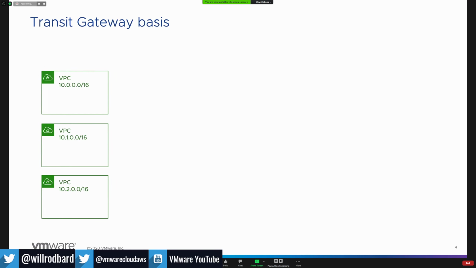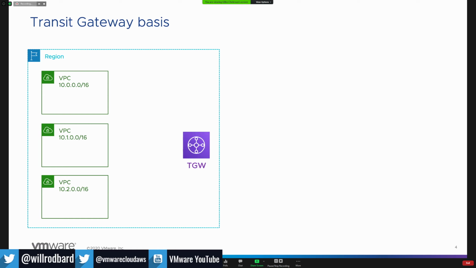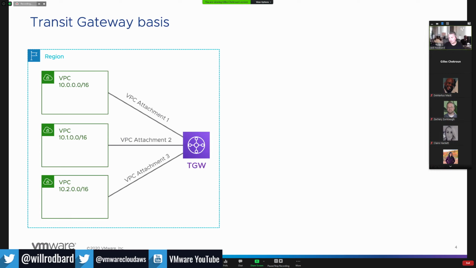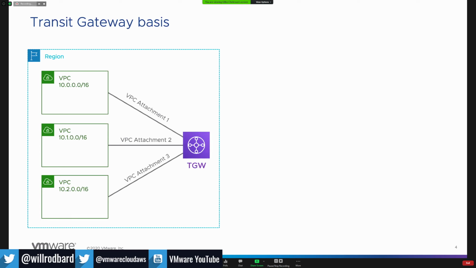First of all, transit gateway basics, okay? Transit gateway is a region construct that connects multiple VPCs together through VPC attachment. These VPC attachments are really high speed. They are 50 gig connections. And a transit gateway is, although I show only one here, a very highly redundant device that sits in the region.